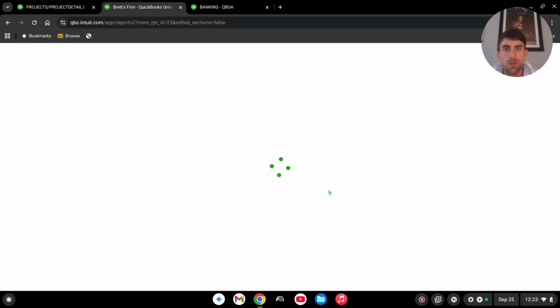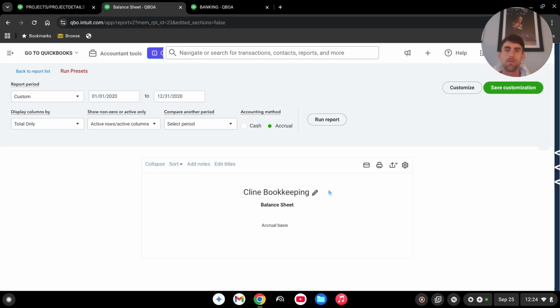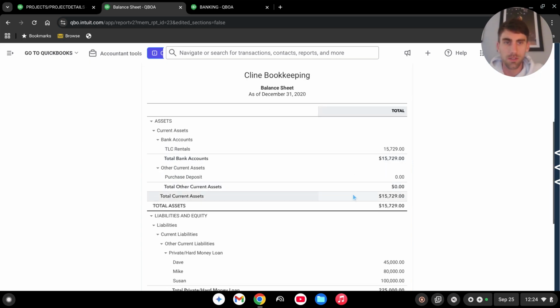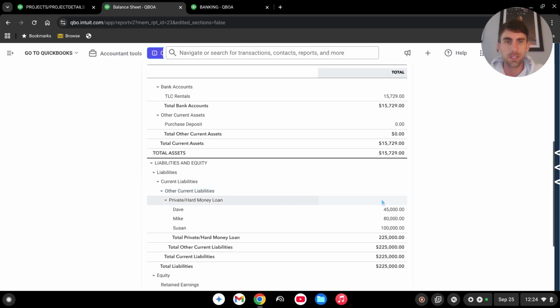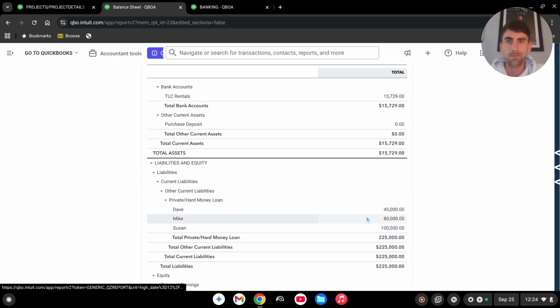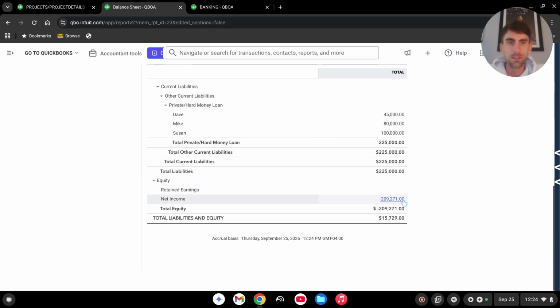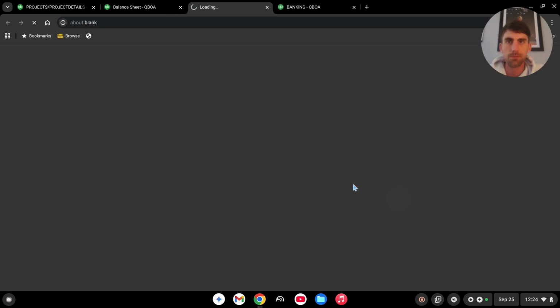So you're going to show a big loss so far because you put all of your expenses into cost of goods sold. So we still have our loans here that we need to pay. And we have this huge amount for our net income.